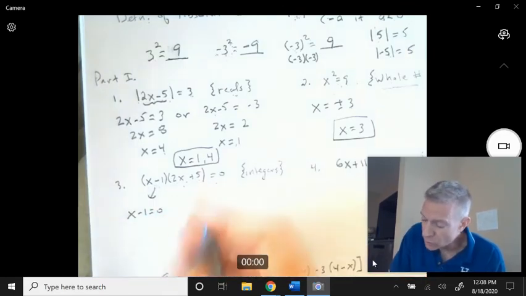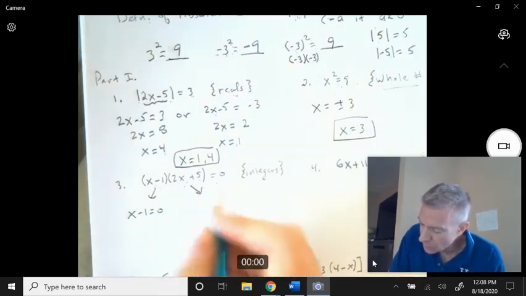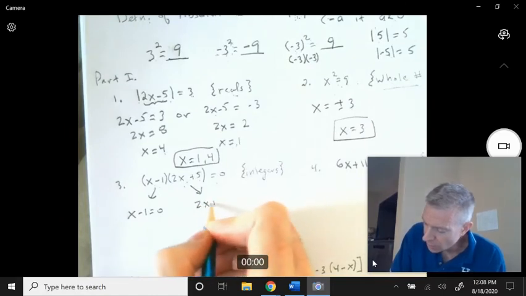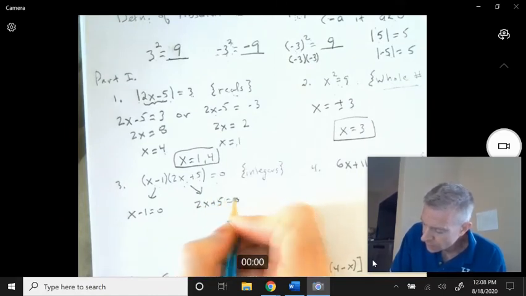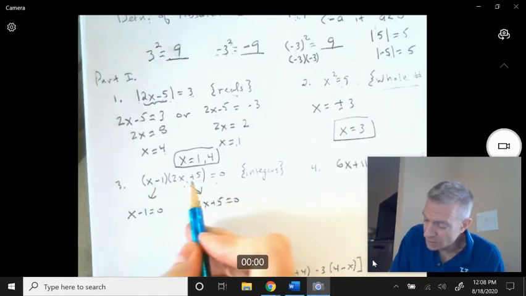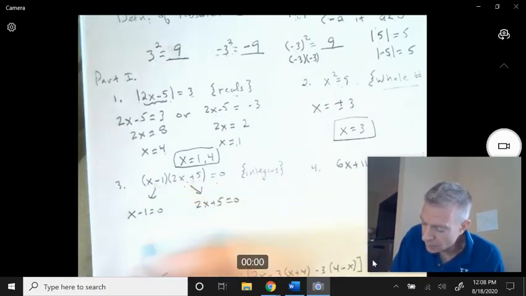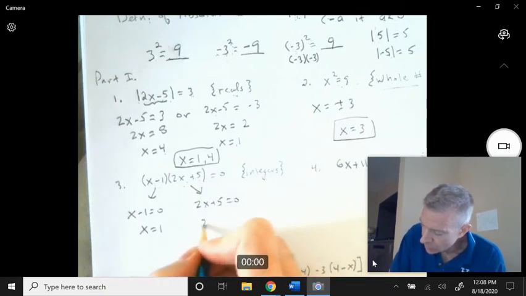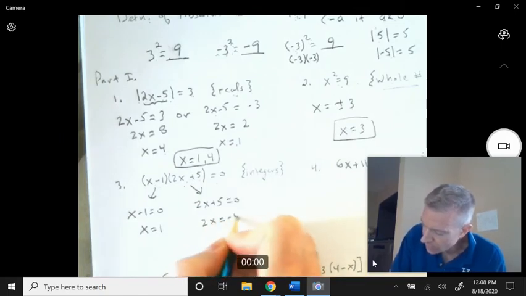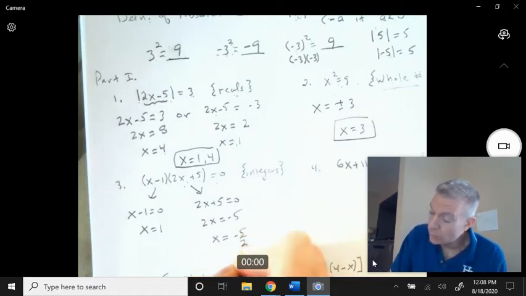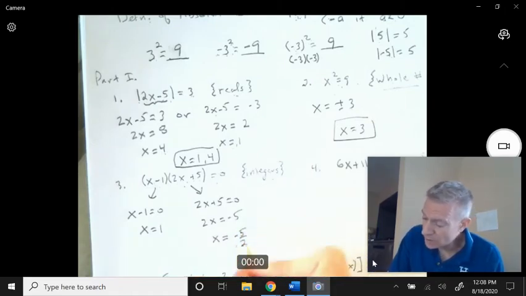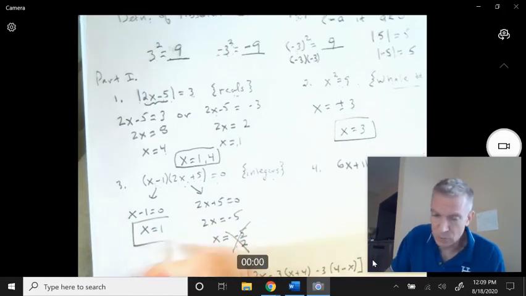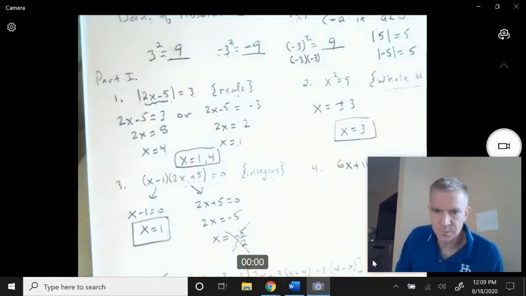But this is also true if 2x + 5 is 0. Even if the first isn't 0, 0 times anything will be 0. So we have to solve both. x equals 1, and 2x equals -5, so x equals -5/2. But we only want the integers, so we can cross this one out. And that's our solution to this problem.